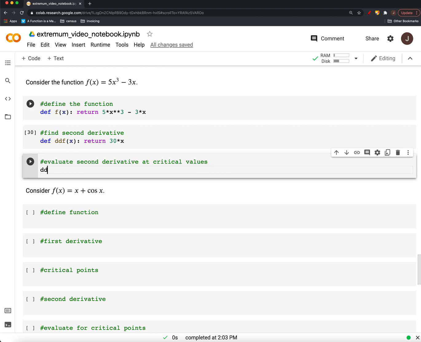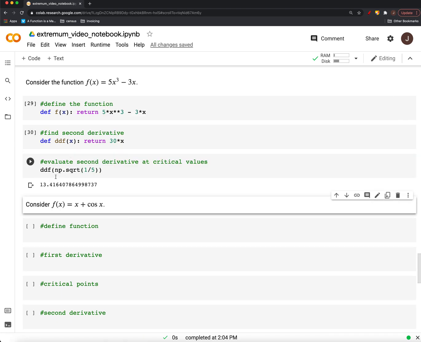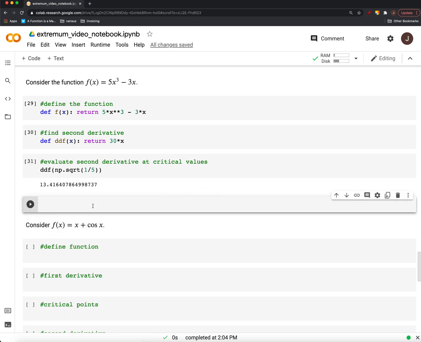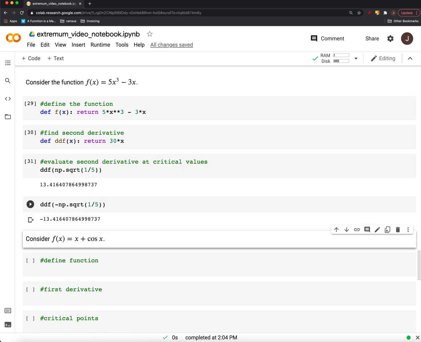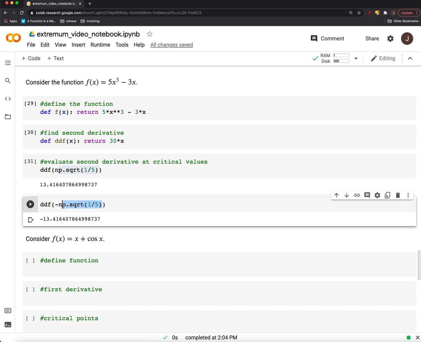If we want to evaluate that, we could say that's at np dot square root of 1 over 5. It's positive. Okay, and same thing at negative np dot square root of 1 over 5. It's negative. And again, if the second derivative is positive, we have concave up, and it's a minimum. If it's negative, it's concave down, and it's a maximum.